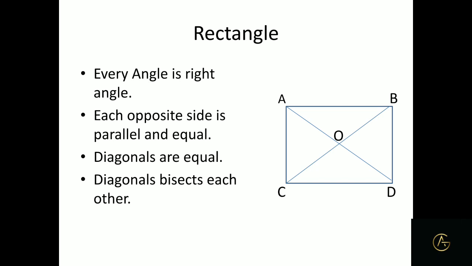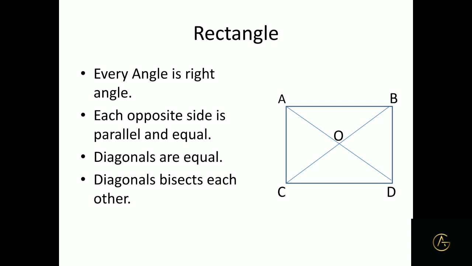Next comes the rectangle. In a rectangle, every angle is a right angle. It means that angle A is equal to angle B is equal to angle D is equal to angle C, and every angle is 90 degrees. Then the next point is each opposite side is equal and parallel.